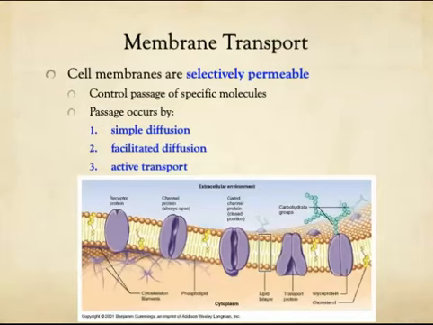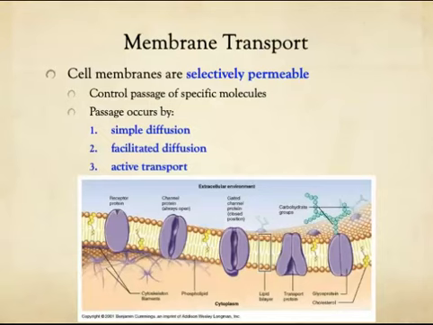So we're going to be talking about 3 modes of passage across a membrane as we discuss membrane transport. We're going to talk about simple diffusion, facilitated diffusion, and active transport. And just as we've said for the other parts of today's lecture, we're going to review what you already know about these modes of passage, and we're going to add a little bit more detail today.